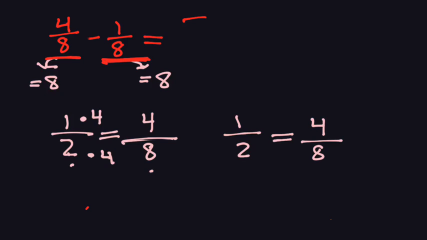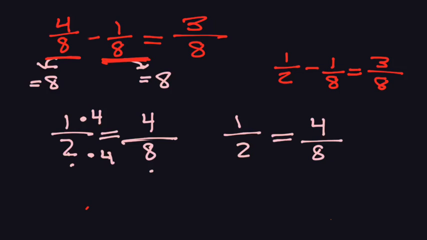So now we can easily subtract. So now we know that 1/2 minus 1/8, that's how we found the answer to be 3/8. So that is how you are going to subtract two fractions that have different denominators.